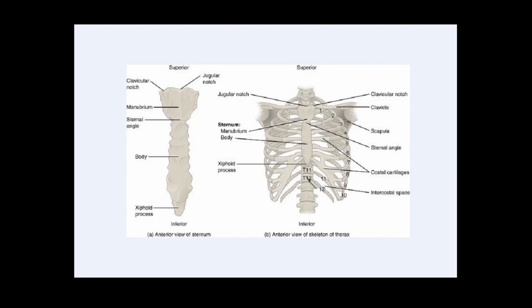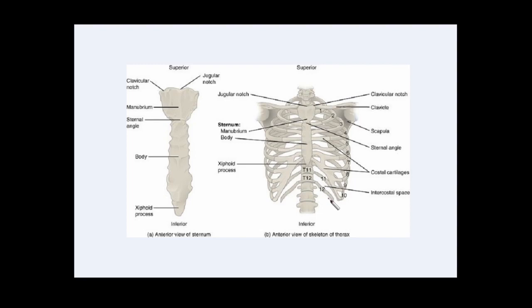So the first 10 form what we refer to as the true ribs, because they actually have attachment to the sternum. While the last two, if you look at this T12 here, that one is very clear, the T12 is not attached to the sternum. It is hanging on its own on either side.